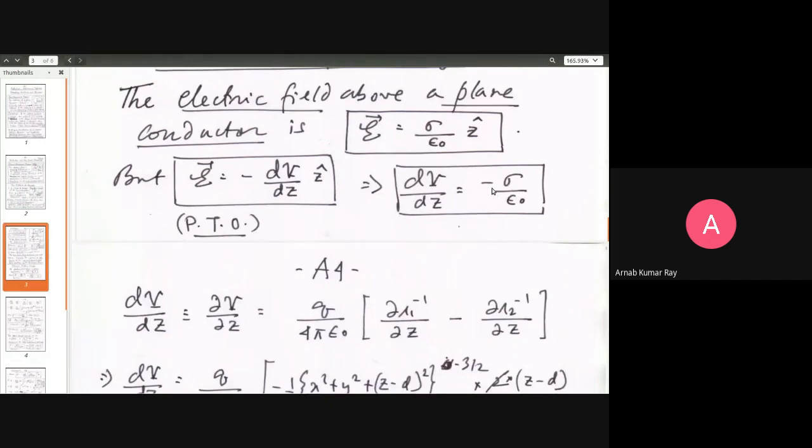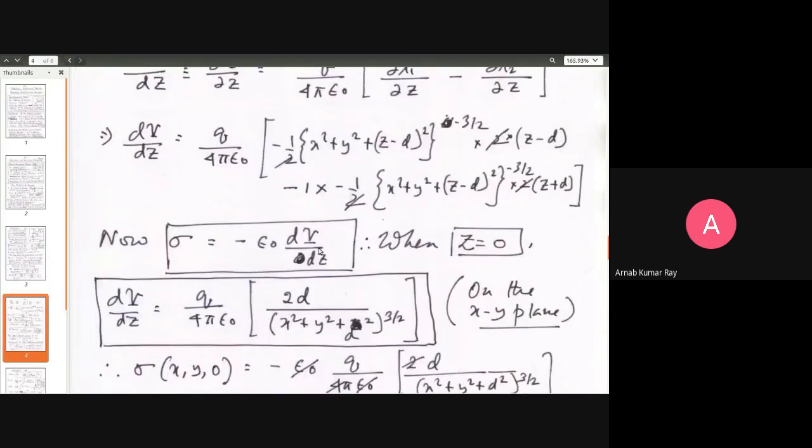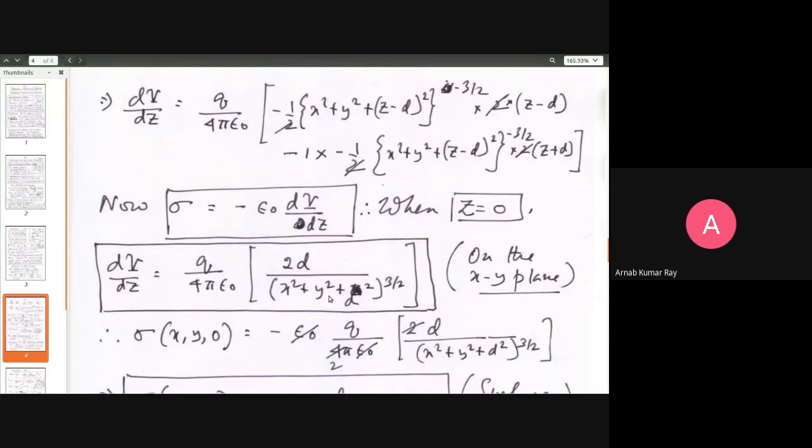When z is equal to 0, dV dz will be equal to q by 4 pi epsilon naught. In the denominator, you will have x squared plus y squared plus d squared raised to 3 halves. And there you will have minus into minus plus d here, and here you will have minus into minus 1, again a d here. So d plus d will be 2d. So that is what it is.